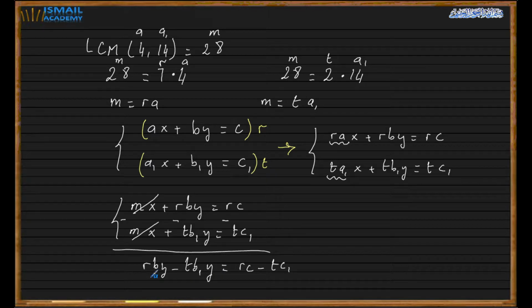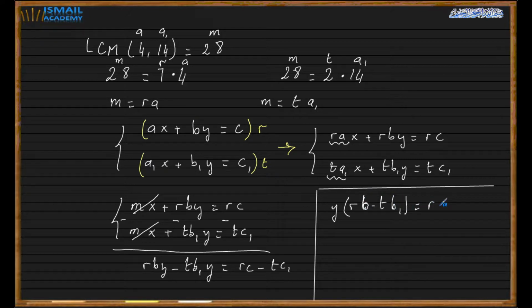I'm going to combine like terms here because we have y in both, so we end up having y times (RB minus TB1) equals RC minus TC1.